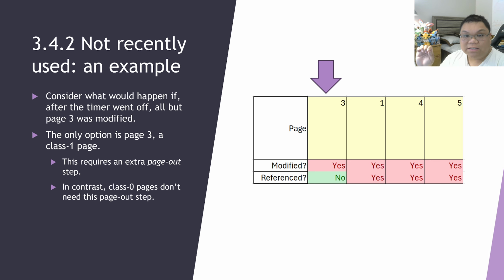Class 0 pages have no such complication. We just overwrite that page because, for class 0 pages, the copy on the disk and the copy in the page frame are the same. We do not need to save any changes.